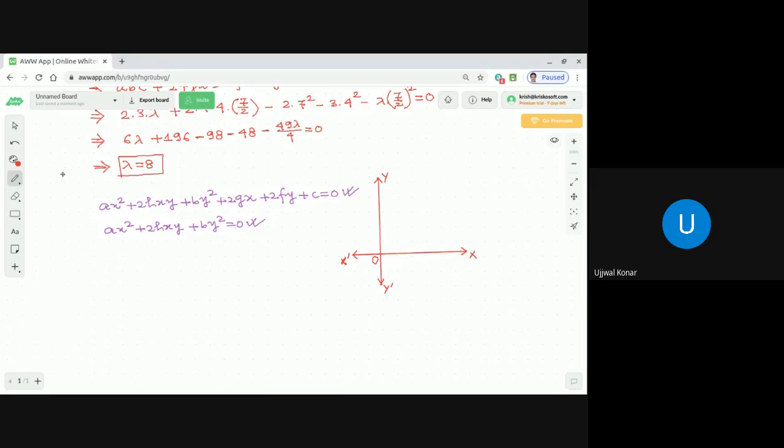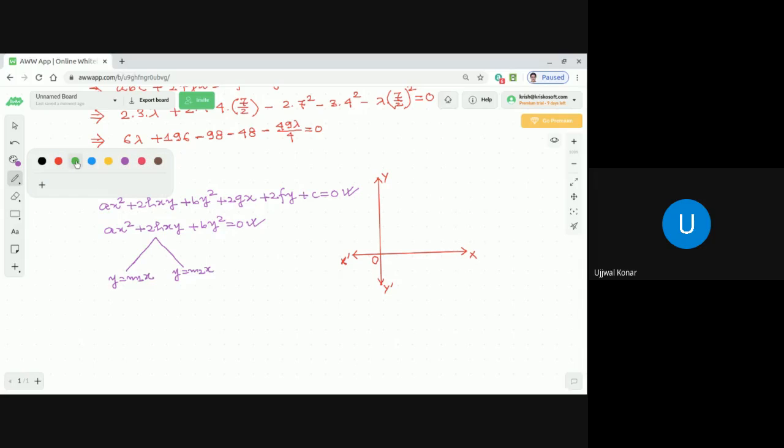Now let's take that ax square plus 2hxy plus by square equal to 0 represents two straight lines. What are the two straight lines represented by this one? Suppose this equation represents two straight lines passing through the origin. So y equal to m1x, and here it will be y equal to m2x.